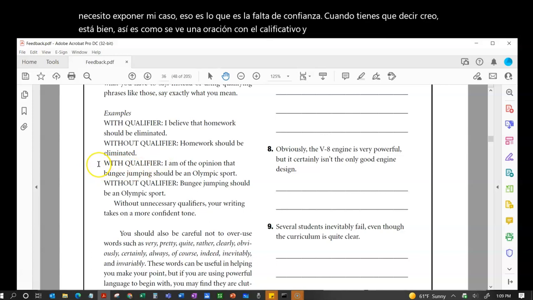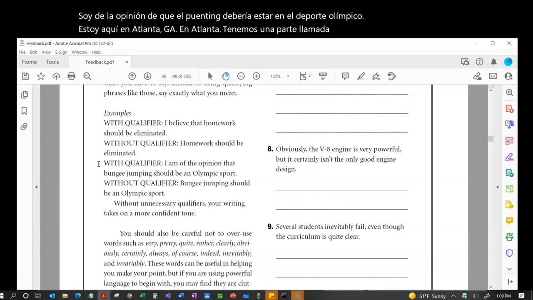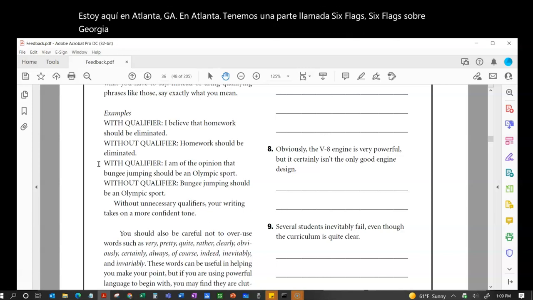All right, let's look at the next one. I am of the opinion that bungee jumping should be an Olympic sport. I am here in Atlanta, Georgia, where we have a park called Six Flags over Georgia, and at Six Flags you can bungee jump.